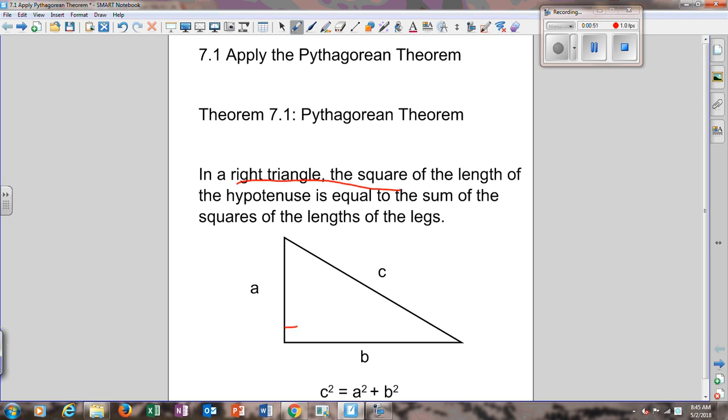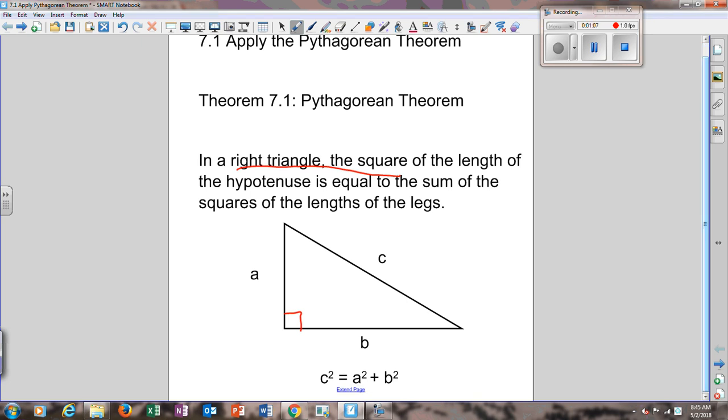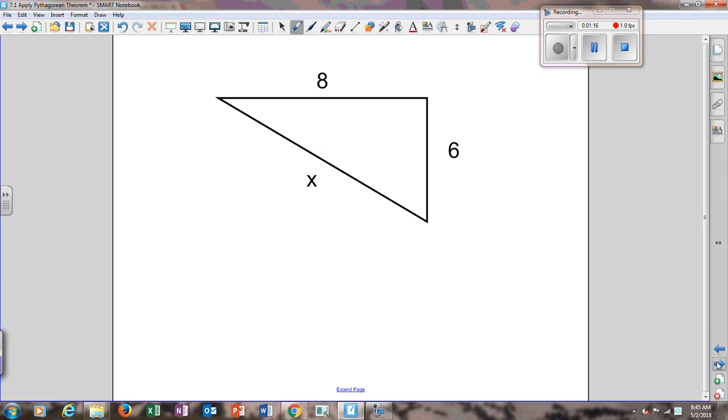So if there's the right angle, then a and b have to be attached to the right angle. C is your longest side, or your hypotenuse. Right? We've all learned that before. This should be an easy section.